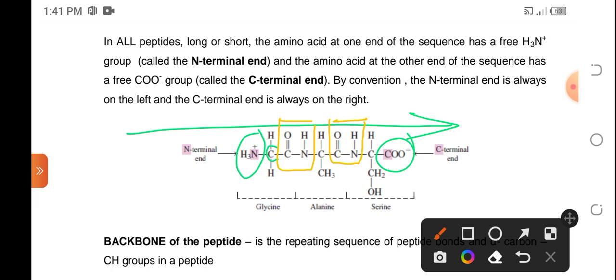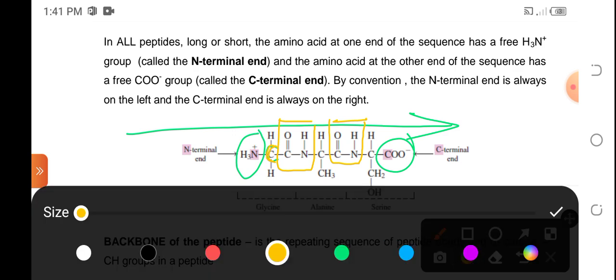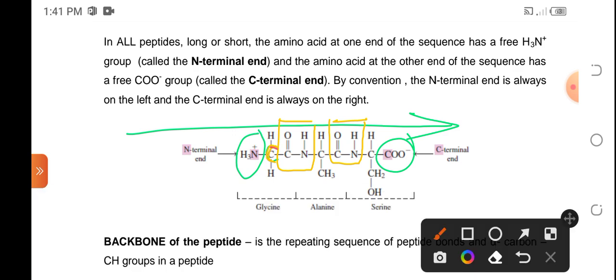Okay, so makikita natin that this is the alpha carbon atom. The alpha carbon atom, we all know that it bears the residue. So R1 is H for glycine, CH3 is the R2 for alanine, and CH2OH is the R3 or the side chain of the amino acid serine. Okay, so kung makikita natin, meron tayong pattern.